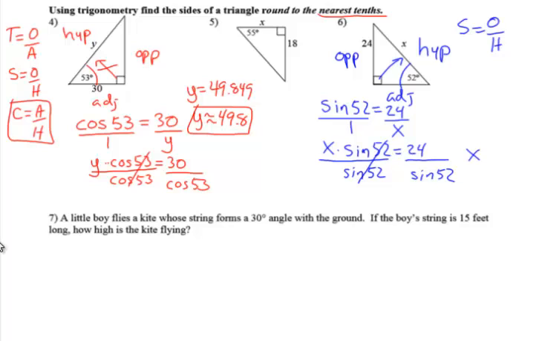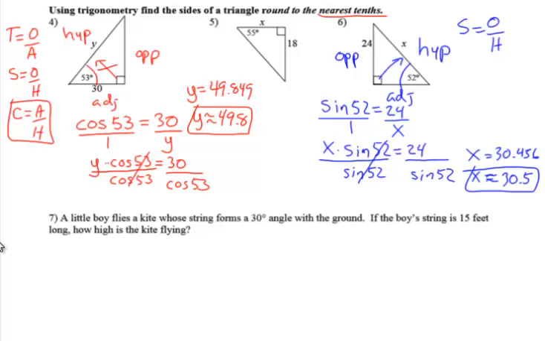So, grab your calculator. 24 divided by the sine of 52, and we get 30.456, and rounded to the nearest tenth, that 5 is going to bump that 4 up to a 5. And that value better be bigger than 24 because the hypotenuse is the longest side.